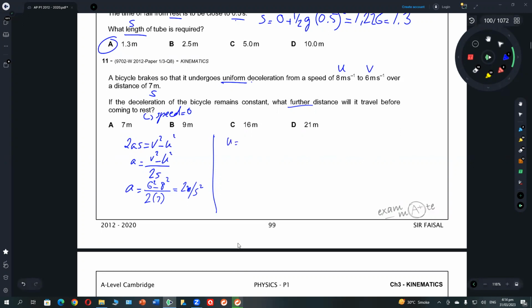For the first patch of the journey, velocity has dropped to 6. So let's take the 6 as the start. He says rest. Notice that for calculation purposes, I am taking again the negative value.